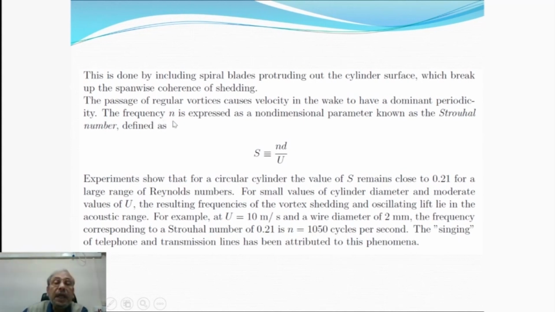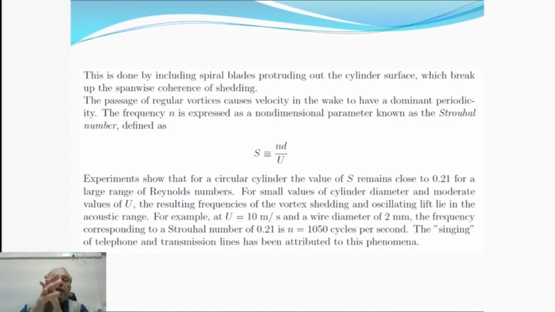The frequency n is expressed as a non-dimensional parameter known as Strouhal number. So Strouhal number, named after Strouhal, again, who first observed it. As such, he observed the hanging wires vibrating due to this, a vibrating noise, a musical sound.